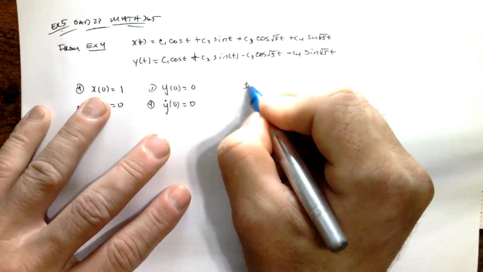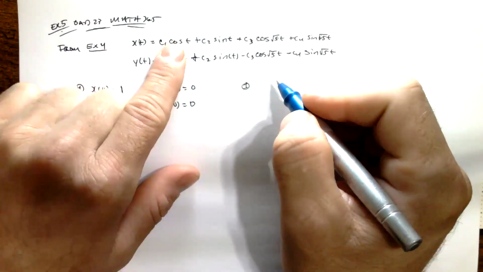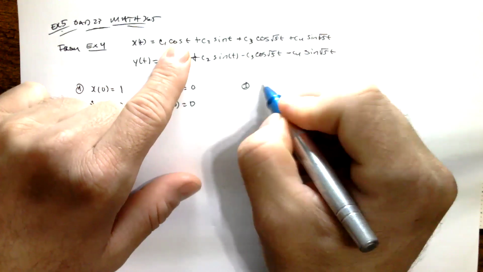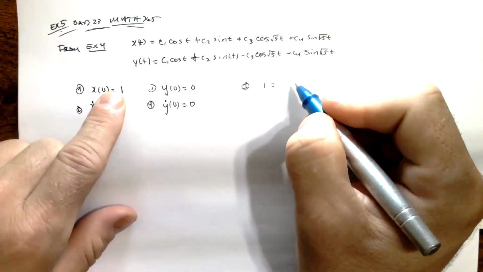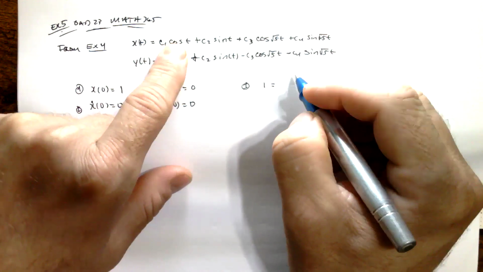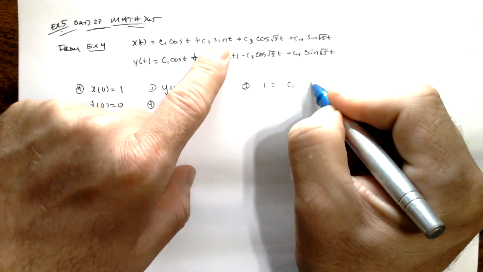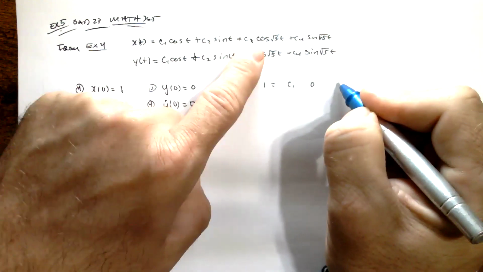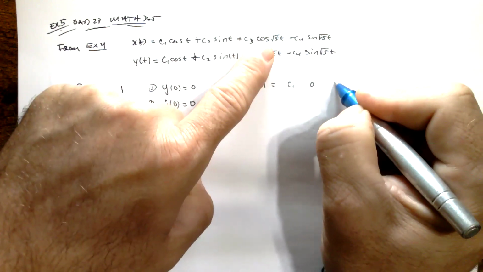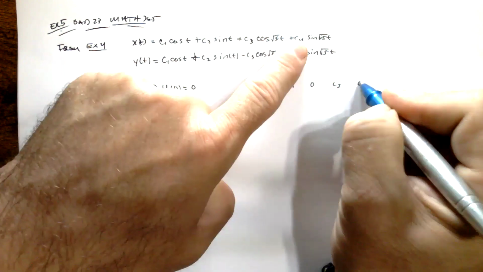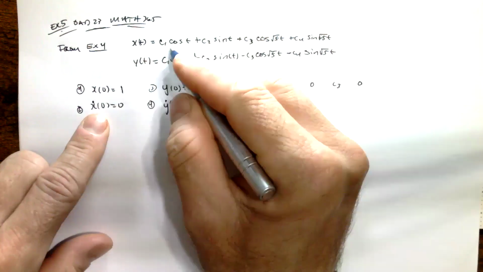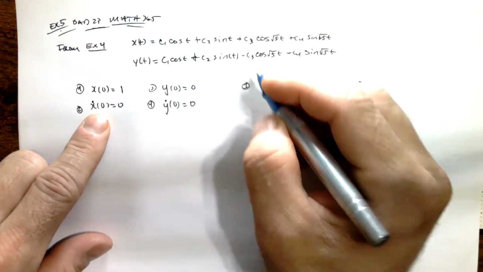For row 1, if I plug in x equals 0, I get 1 is equal to, cosine of 0 is 1, so I get C1, and C3, and the sine terms are 0. For row 2, the derivative is going to be equal to 0.